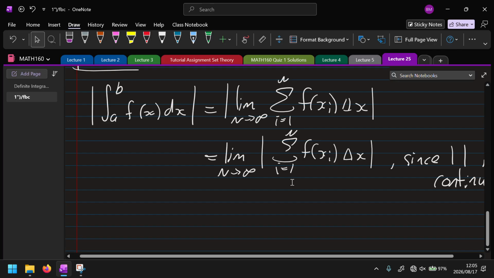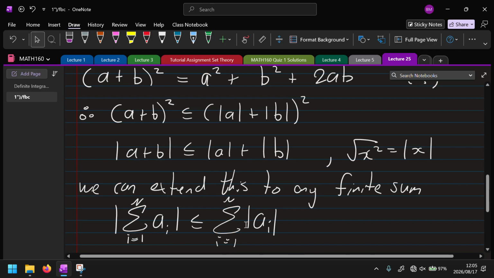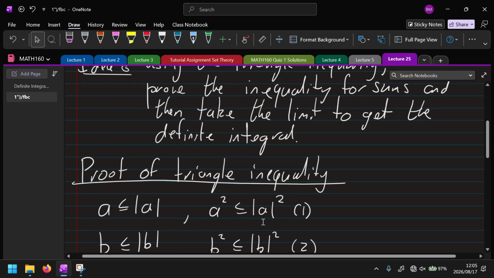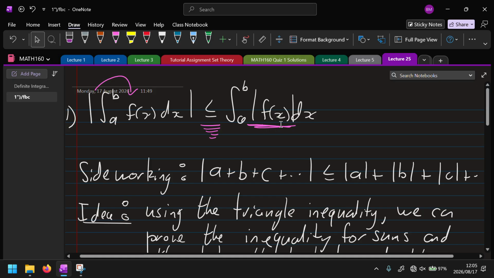Okay, remember what we're trying to do. We're trying to get to this sum over here, and then the sum on the right here, we want to get to this integral over here. But notice this dx is not in the absolute value. So the delta x that we have in the absolute value must become this dx over here.